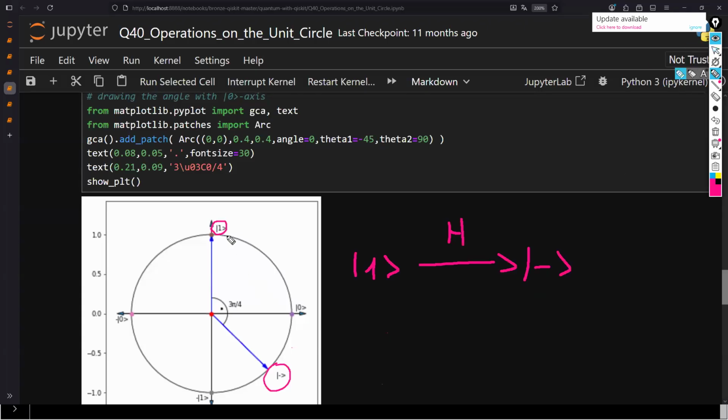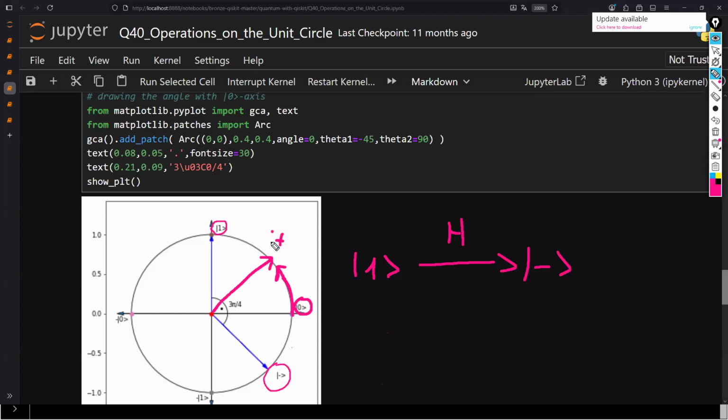That's quite different, because when we started from 0, if I was to draw this state, we land somewhere here.